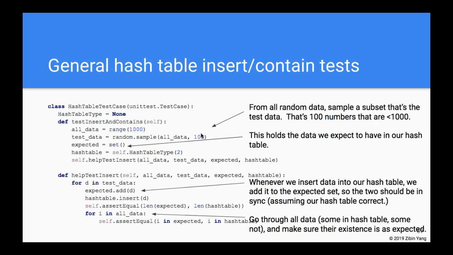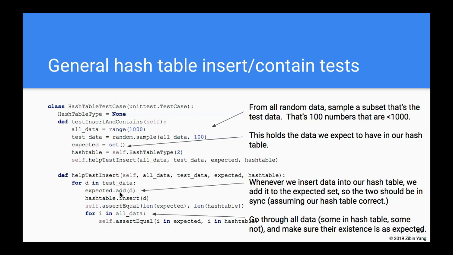So I'm going to take 100 of those numbers in the range that's less than 1,000, and then my expected set, it's a set, I'm going to put the numbers in this set, and this is going to be my golden set, what I'm going to expect my data to be, and I'm going to test that against my hash table. And again, I'm going to start with a small hash table, and then I'm going to pass all these to the actual test method.